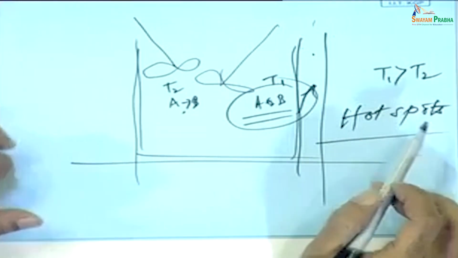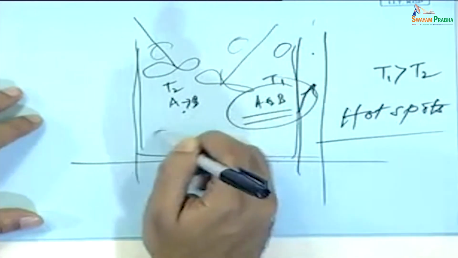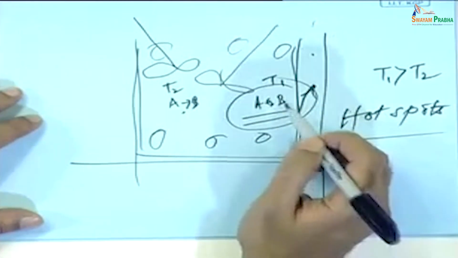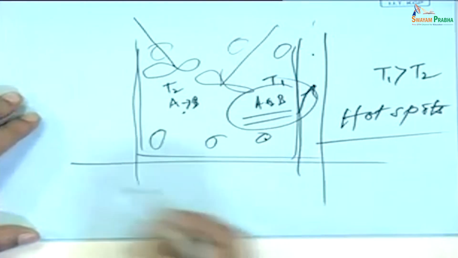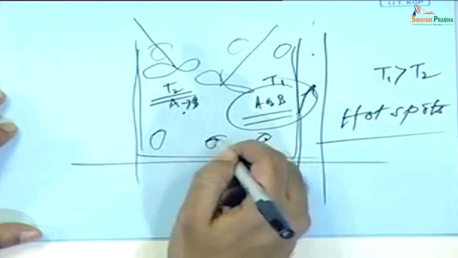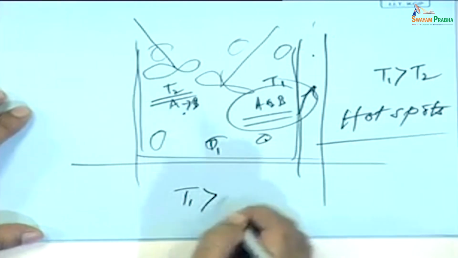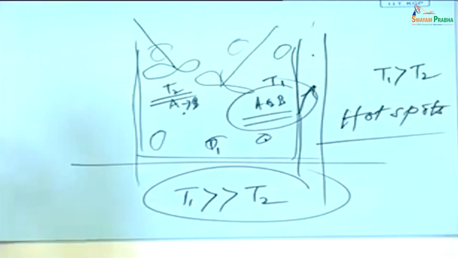So when these hotspots blow up, that is, you have hotspots in different parts of the reactor, and temperatures in these hotspots become much greater. So if the average temperature elsewhere is T2 and T1 is the temperature in the hotspot, then if T1 is much greater than T2, when this happens, the reactor blows up.